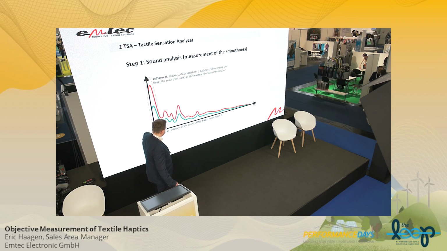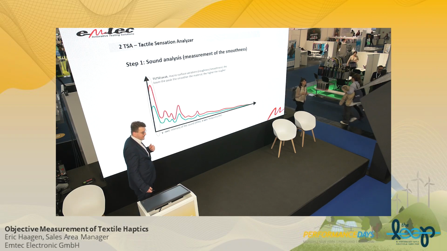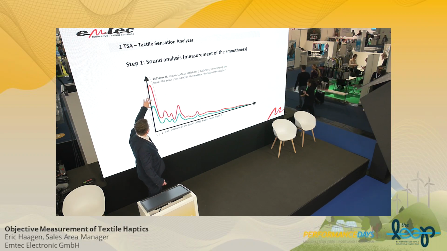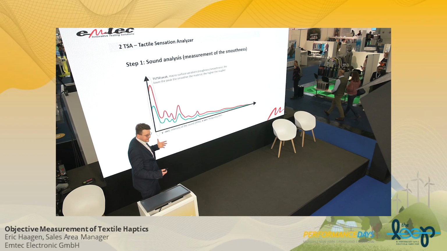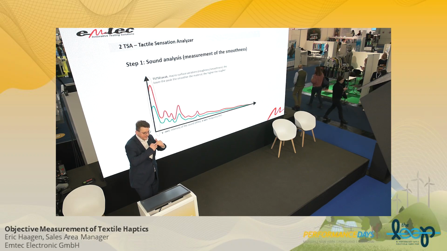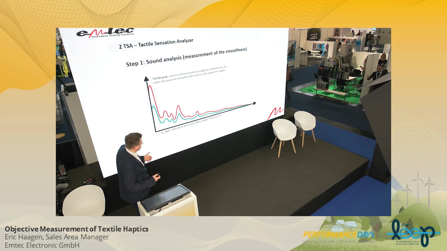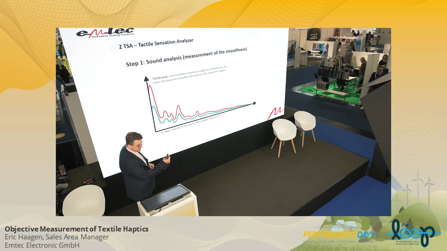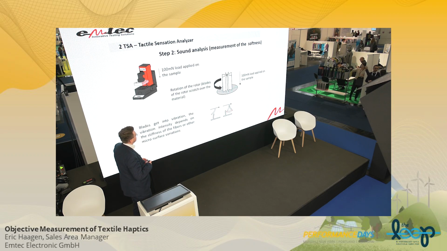On the x-axis you have the frequency, and on the y-axis you have the intensity of the sound. You can see here, the higher the peak is, the more the sample has vibrated, and the rougher the surface is. The lower this peak is, the less the sample has vibrated, and the smoother the surface is. This is the first parameter which we measure.